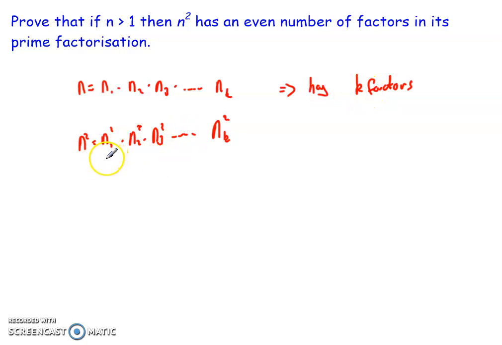Now, this one here is essentially all of this, so the n, multiplied by the n again. So it's twice it. So this has 2k factors. 2 times something is always going to be even, so therefore n squared has an even number of factors.